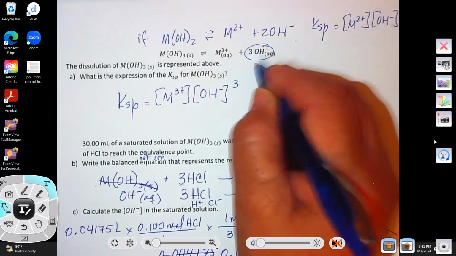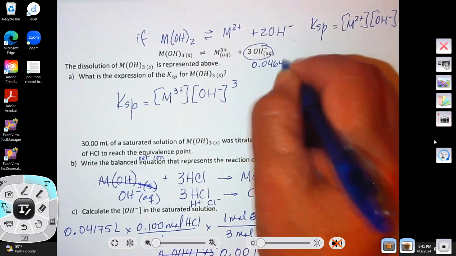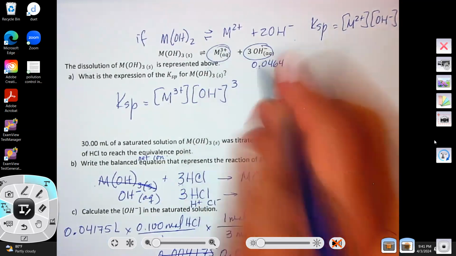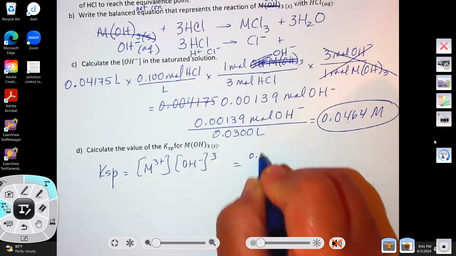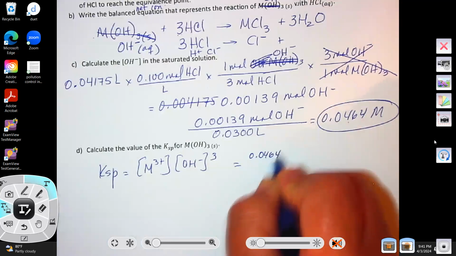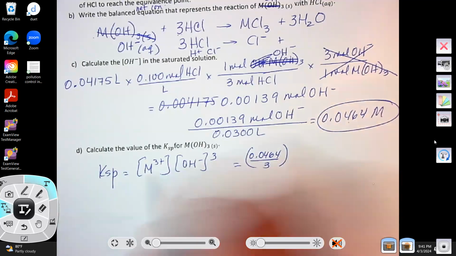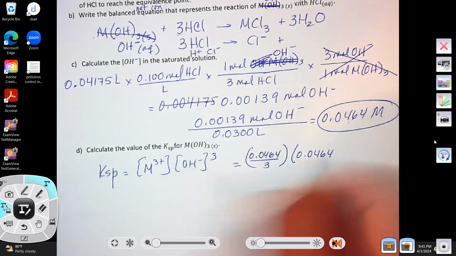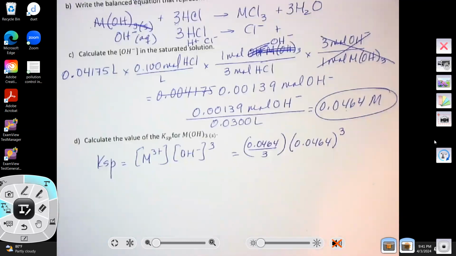Because remember, if this concentration here is 0.0464, then this is going to be 1/3 of this. So this number here is going to be 0.0464 divided by 3. That will be your concentration of M plus, times 0.0464, which is the concentration of OH minus, to the third.